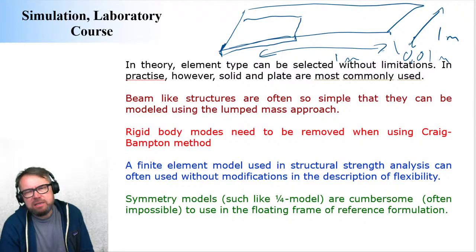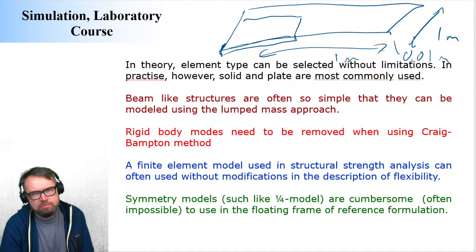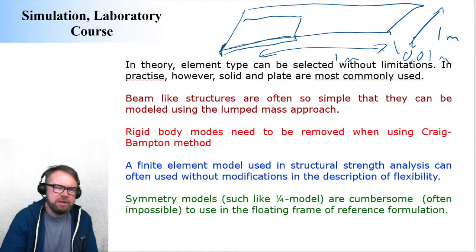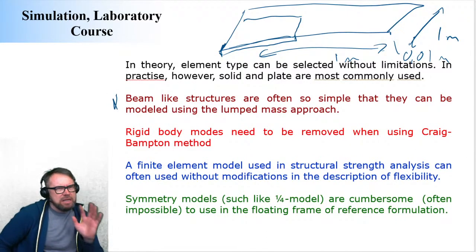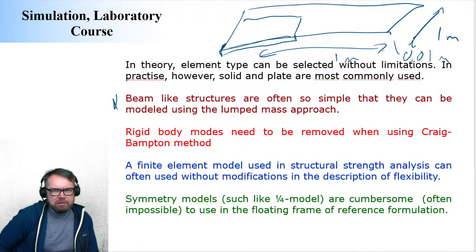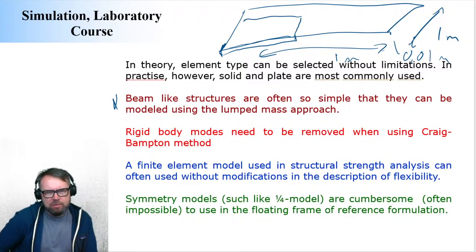But anyways, when you're using these modes, and when you're combining the finite element method with multibody system dynamics, you can basically use whatever element you want. But still, the most often used are solid and plate elements. Beam structures, as mentioned here, are often so simple that you can use a lumped mass approach. That's not always the case. Sometimes the beam structures are still complicated enough that they require very accurate modeling, so the beam elements could be used together with the floating frame of reference formulation.